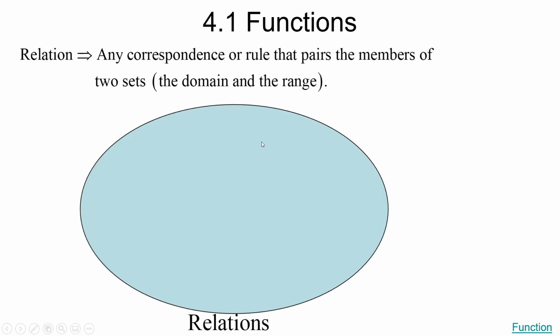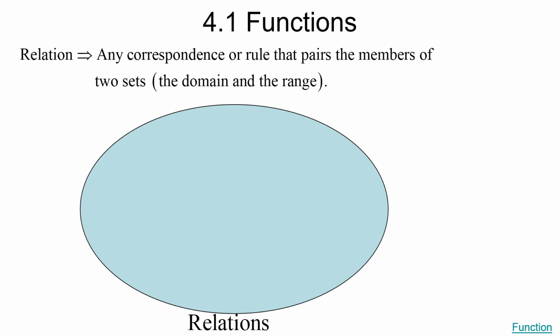Okay, we have a definition on this slide, and we're talking about a relation. Now, a relation implies any correspondence or rule that pairs the members of two sets, the domain and the range. So, isn't that what we were talking about earlier with the definition of a function?